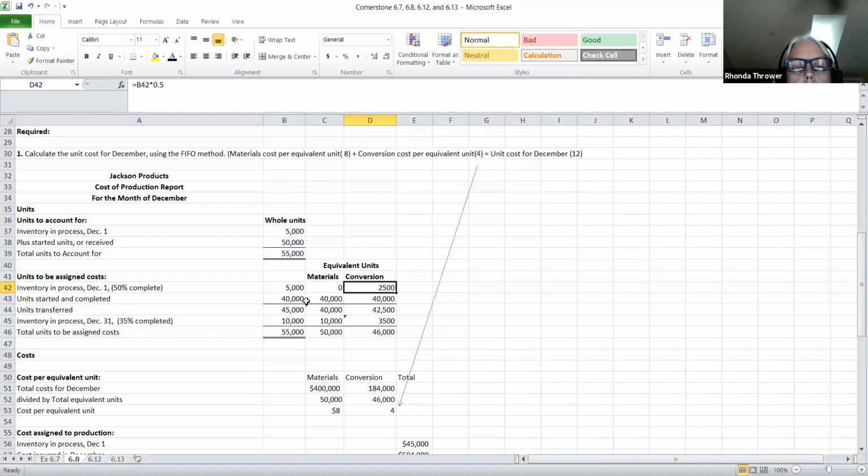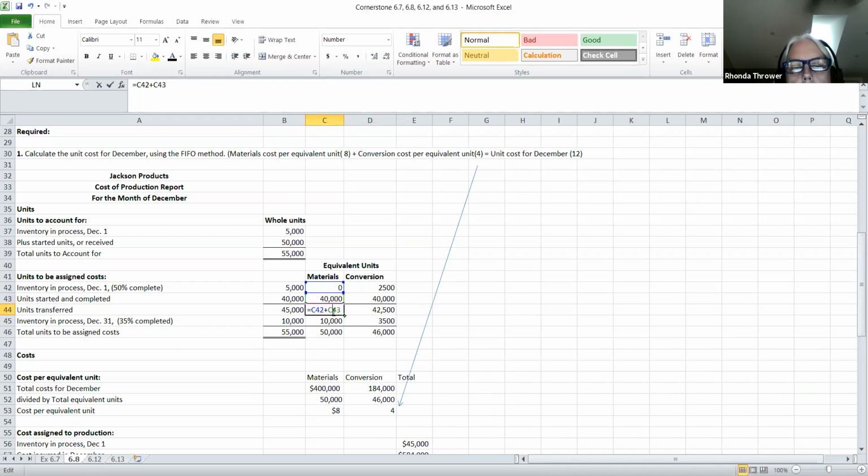That's your conversion units. What you started and completed during this period of time will have all materials and all conversion in there. Notice the started and completed units is the same all the way across. If you started them and finished them, you finished them with respect to materials, you finished them with respect to conversion. They're the same all the way across, started and completed units are.